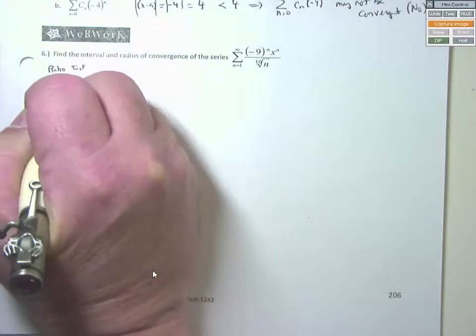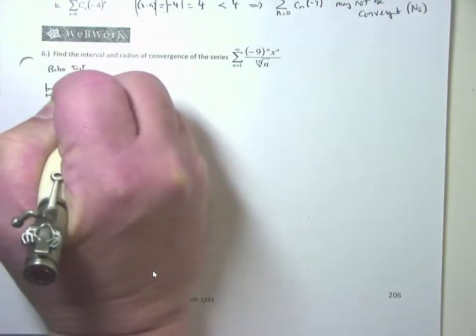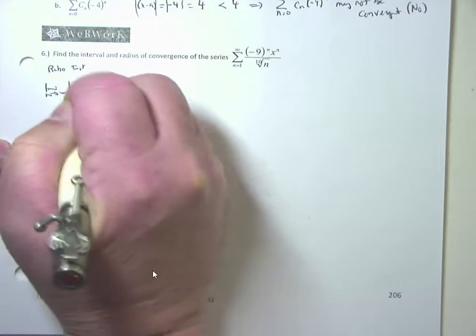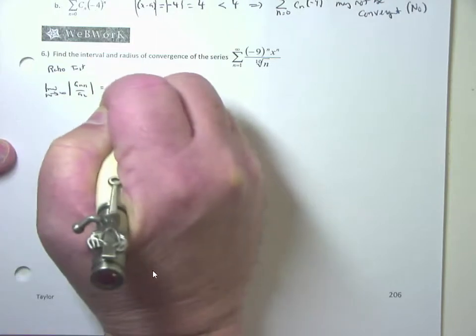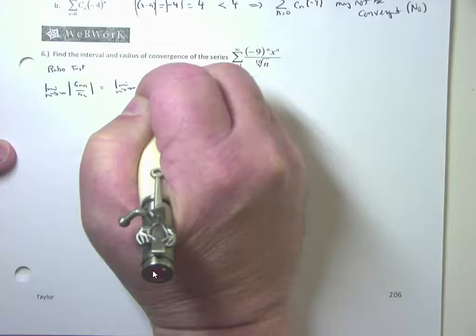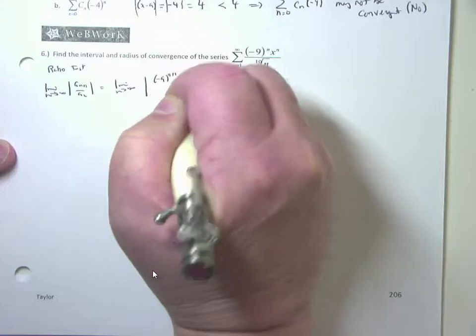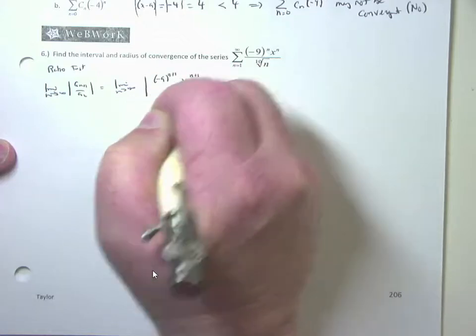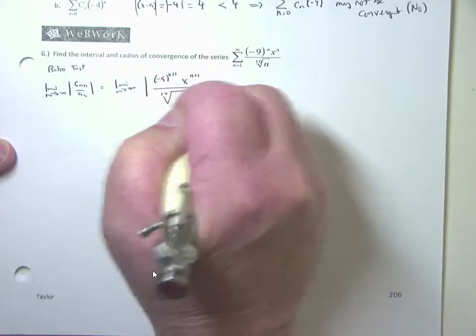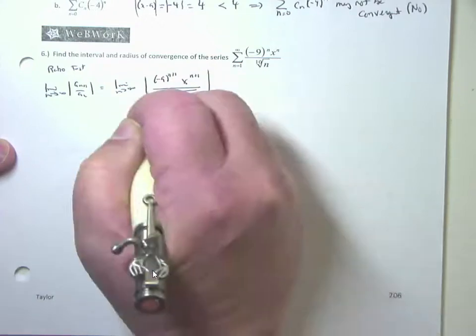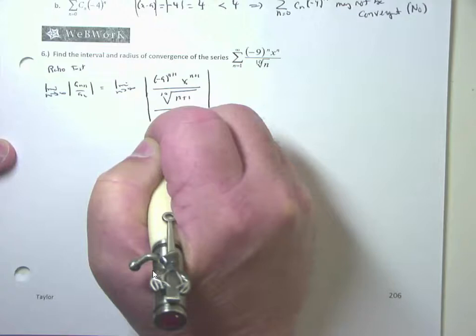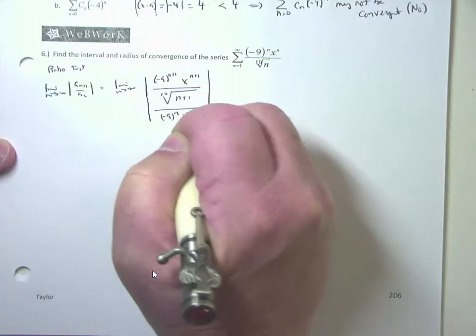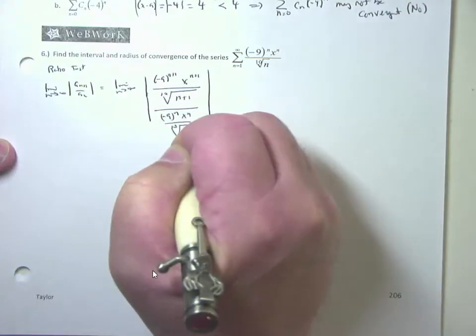So this is the limit as n approaches infinity of the absolute value of a sub n plus 1 over a sub n. This will be equal to the limit as n approaches infinity of the absolute value of negative 9 to the n plus 1 times x to the n plus 1, divided by the 10th root of n plus 1, divided by a sub n, which is negative 9 to the n, x to the n over the 10th root of n.